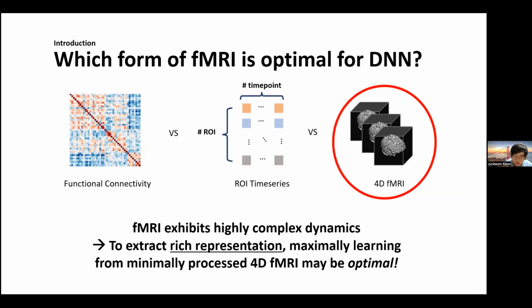For example, if we use fMRI from children, we have to use unique templates for children, but another brain template is required for adults. In addition, feature extraction inevitably causes the loss of subtle individual differences. Therefore, we expect that deep learning applications can extract rich representations from minimally preprocessed fMRI datasets.